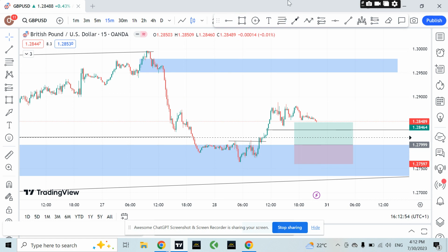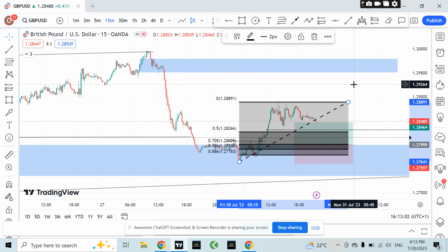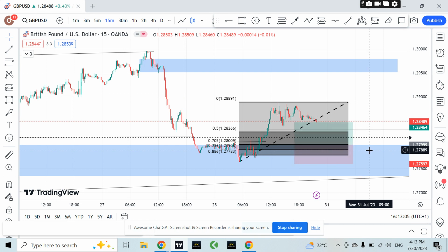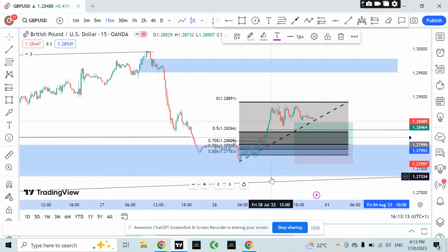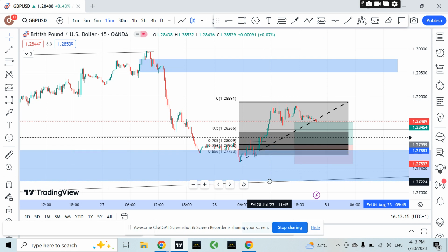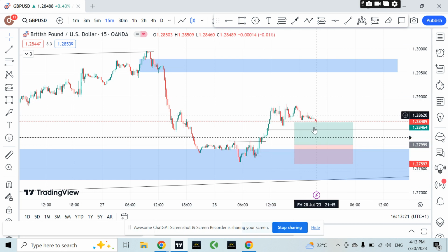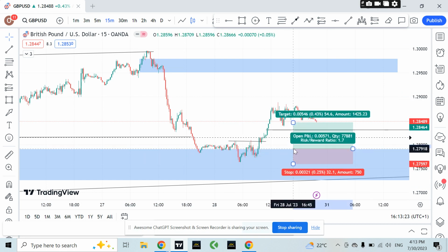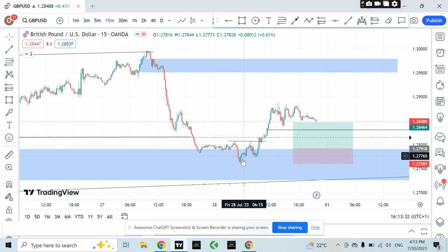Use Fibonacci and have a precise entry. Thirty-two pips. It's not bad. So you see your stop loss is below this support.